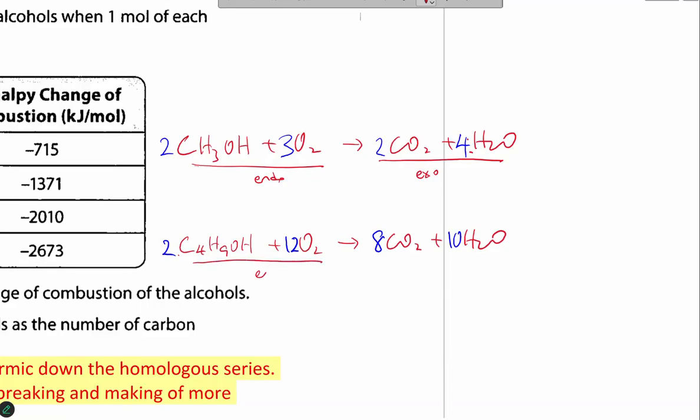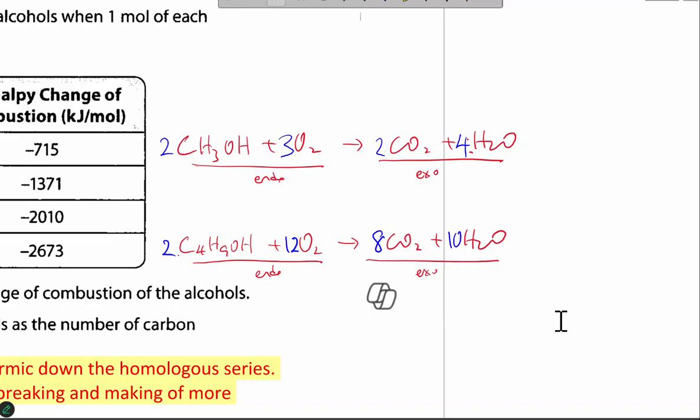Again, endo, absorb to break, give out to form. Now, down here you're forming much more of the similar kind of bond. For the same 2 moles each, I form much more. I may break a bit more here, but I'm forming much more compared to this. That's why it's much more exo here compared to here.